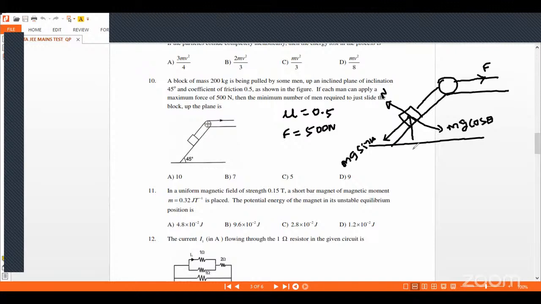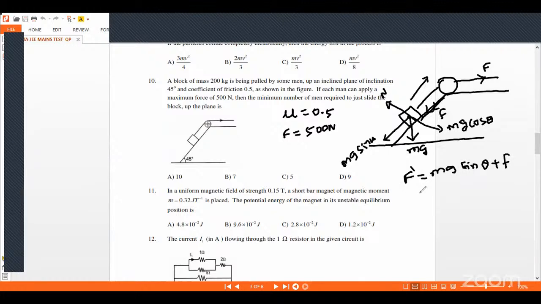Vertically downwards is mg. Since the block is moving up, the frictional force acts downwards. So the total force required, I can say, is F dash equal to mg sin theta plus frictional force.